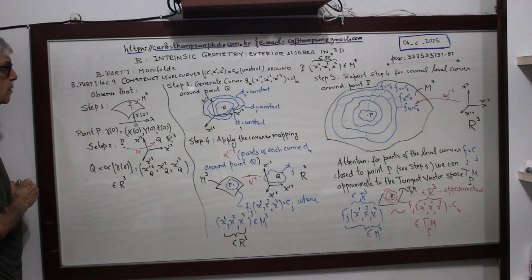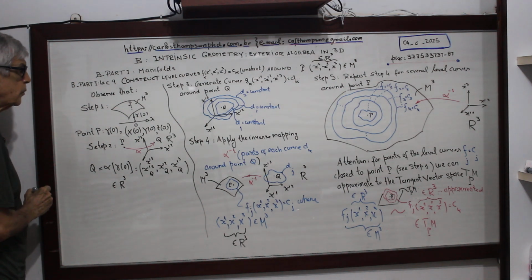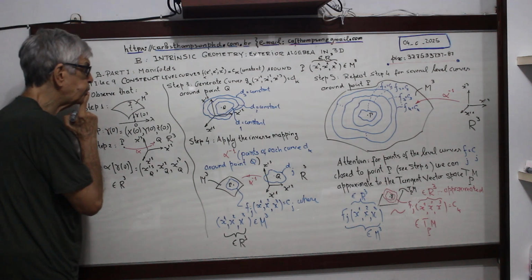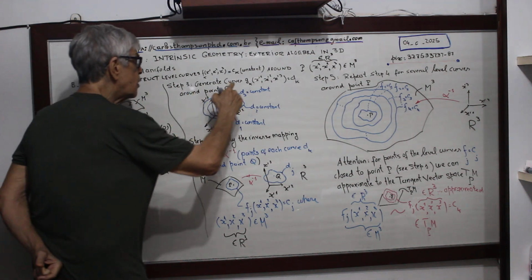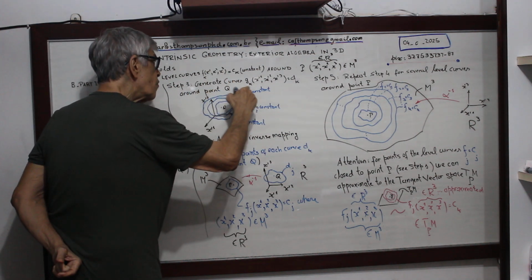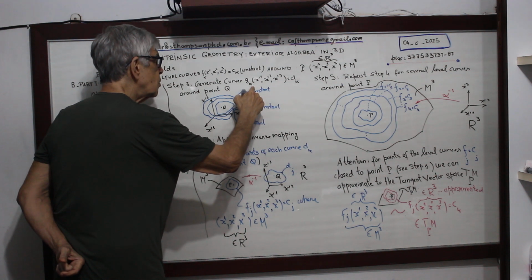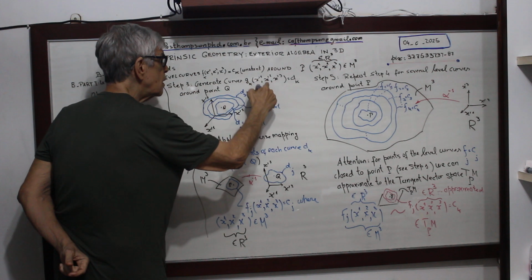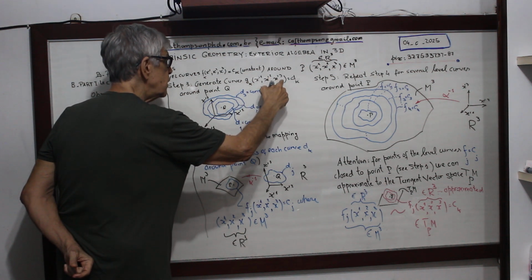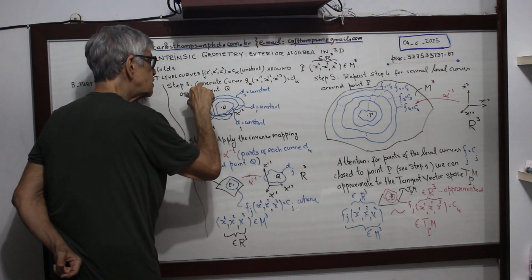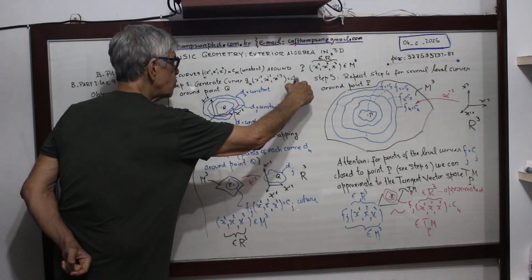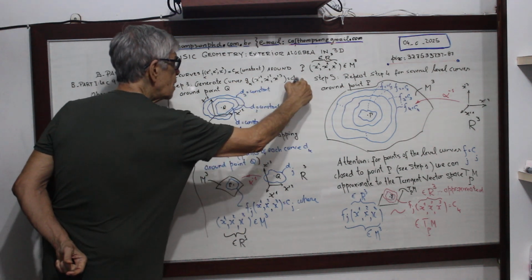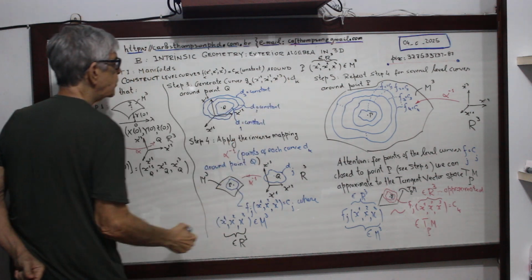I repeated that. Now, step 3. Generate curves, level curves, actually. G sub k of x prime 1, x prime 2, x prime 3. You see, since it's a level curve, this is equal to d_k. For each k, I have a constant over here.